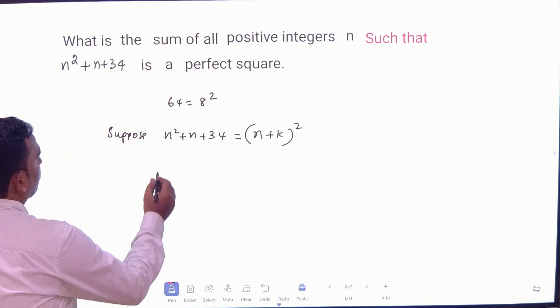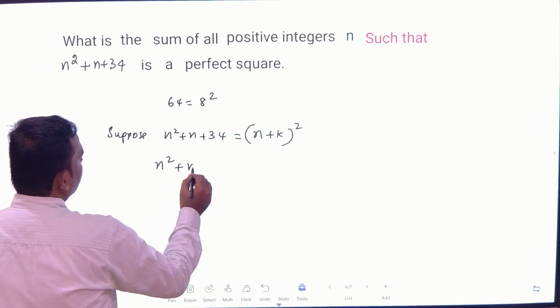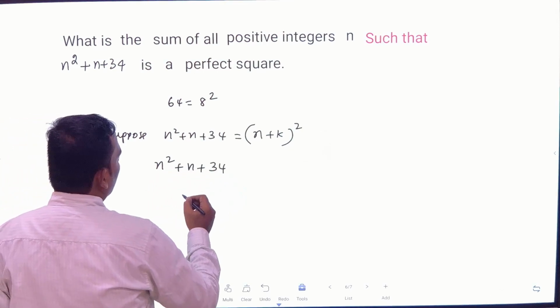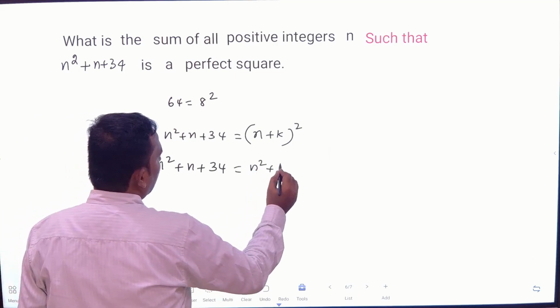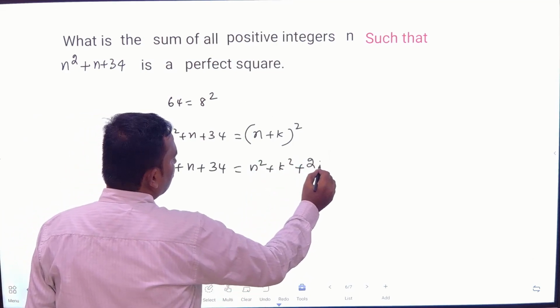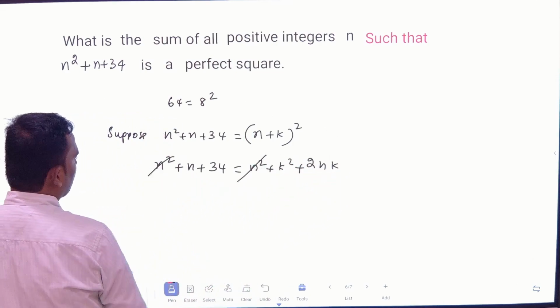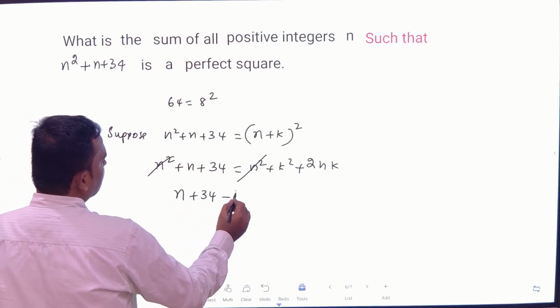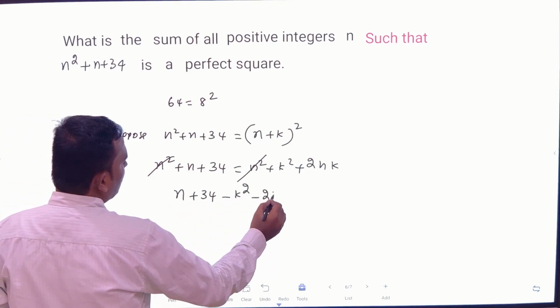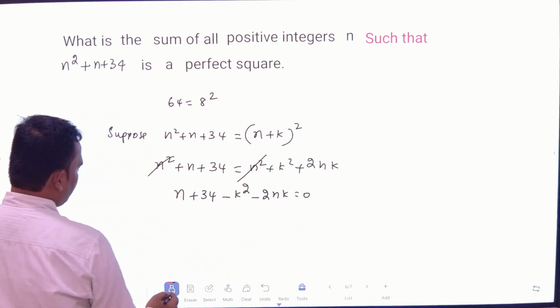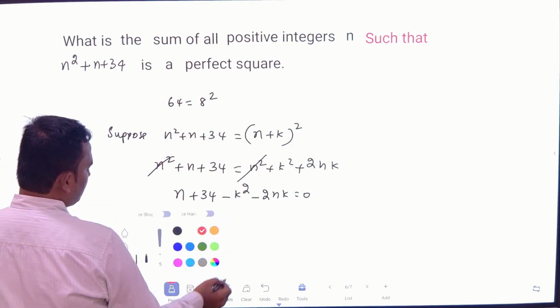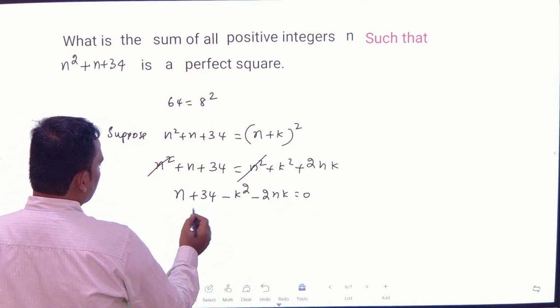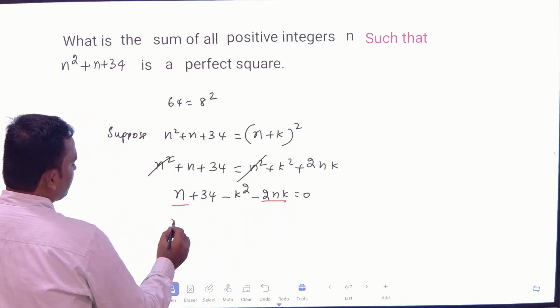So let's expand this: n square plus n plus 34 is equal to n square plus k square plus 2 times n into k. n square cancels. You can send everything to one side: n plus 34 minus k square minus 2nk is equal to 0. You can see, students, the first and last terms have n common.